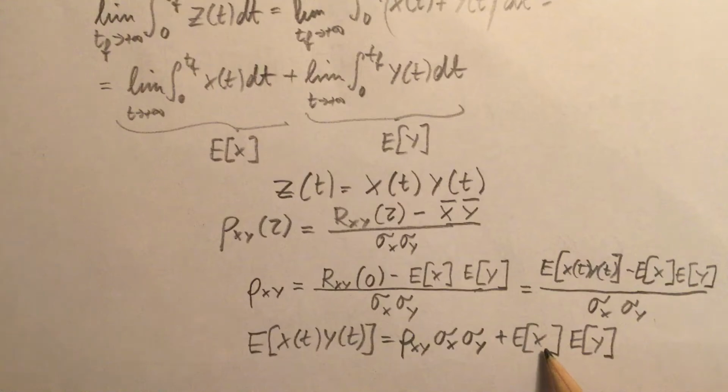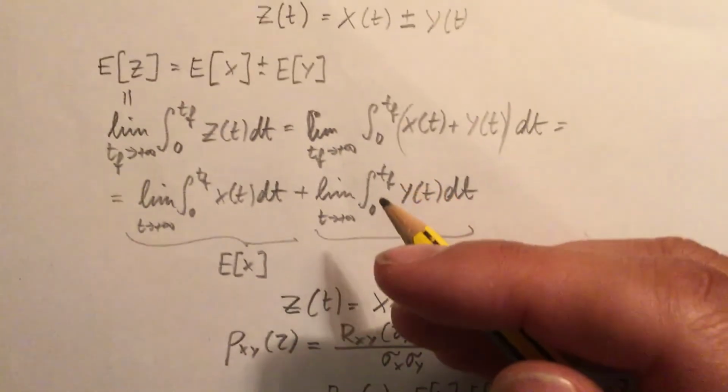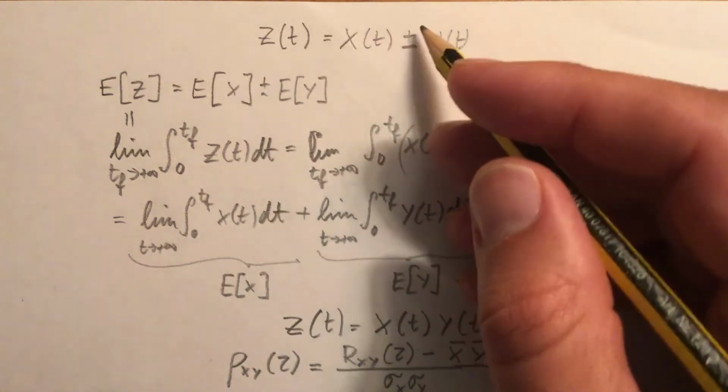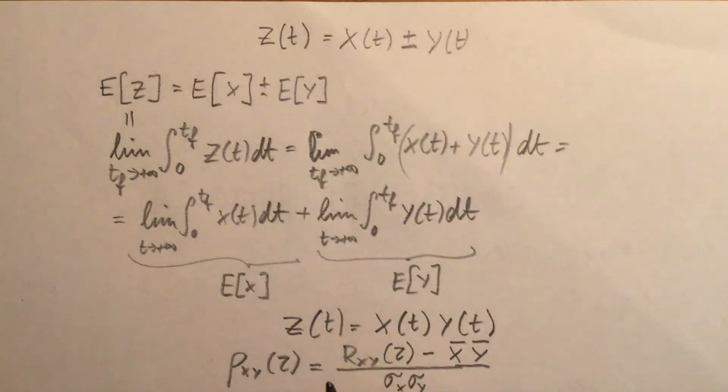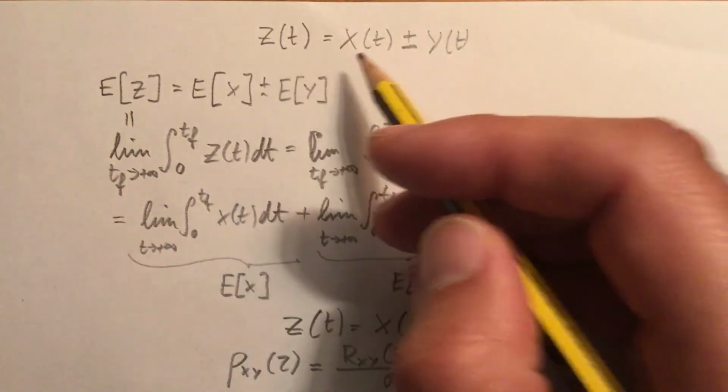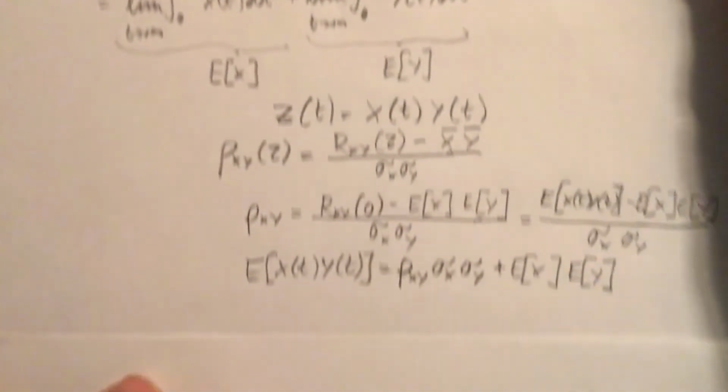So in this case, it's not just a matter of multiplying the two expected values. There is an additional term here. Going back now to the case where z is equal to the sum or difference of x and y, we can also find the variance of z using two results.